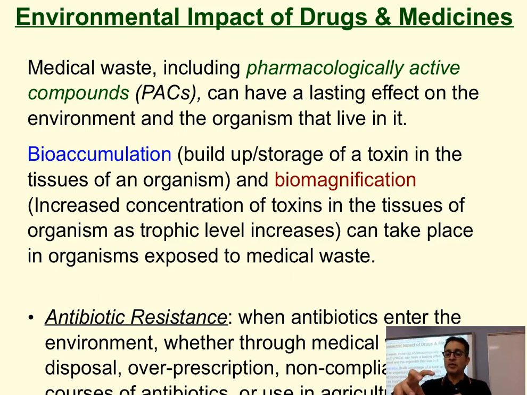And that 1% may become 5% or may become 10% in your system. So your accumulation is larger. And so going from one step to the other, that's what we call biomagnification. We're going from one trophic level to the next one, all right? And that is really a problem.